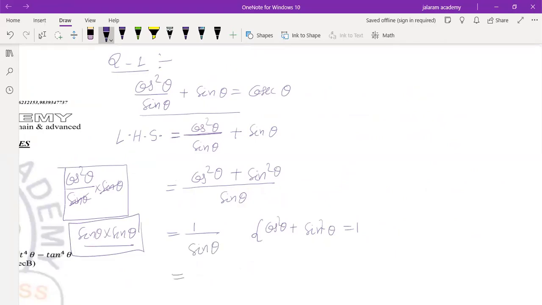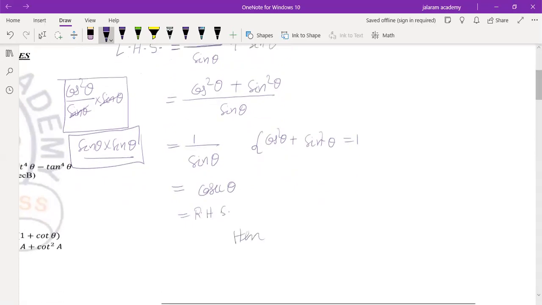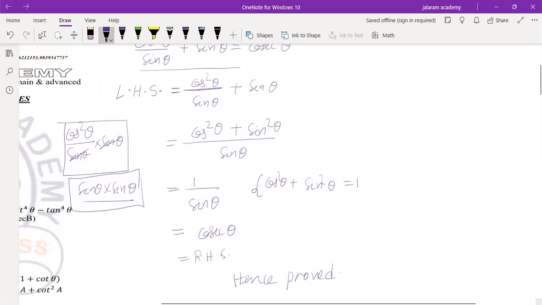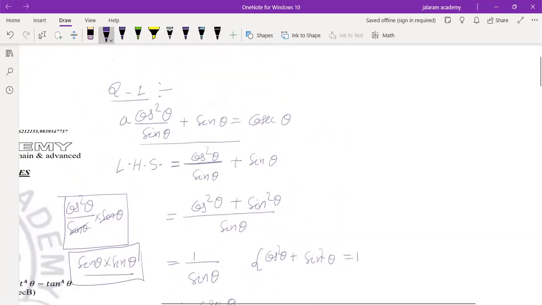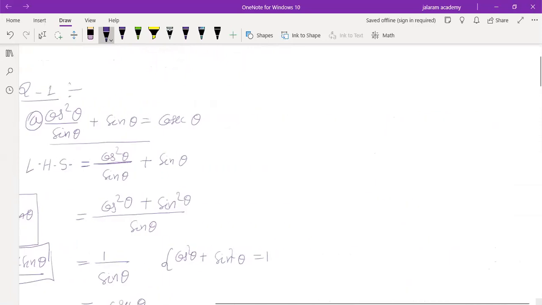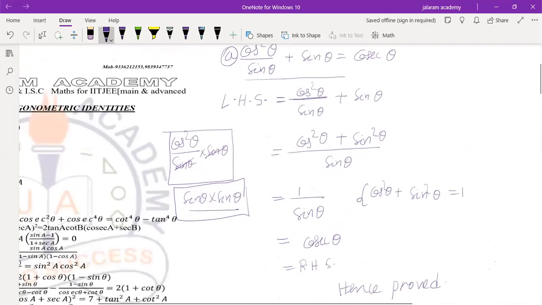Now this 1 upon sin theta is the reciprocal relationship. The reciprocal of sin theta, we know, is cosec theta, which is equal to the right hand side. Hence proved. So this must be the presentation to solve the questions of trigonometry to get full marks. No one can deduct even half marks from your solution if you use this type of presentation.